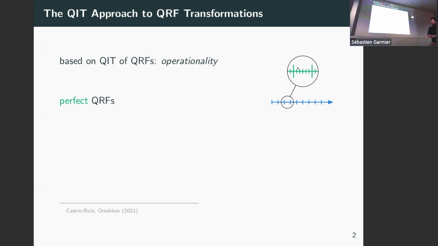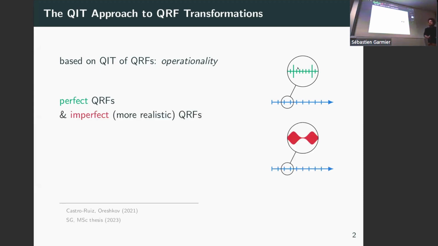So, although this is often considered because it is a nice idealization, we also would like to discuss a bit more realistic quantum reference frames. We call them imperfect, and basically, in contrast to the perfect ones, they are not infinitely precise. And we will see some examples of those later also.